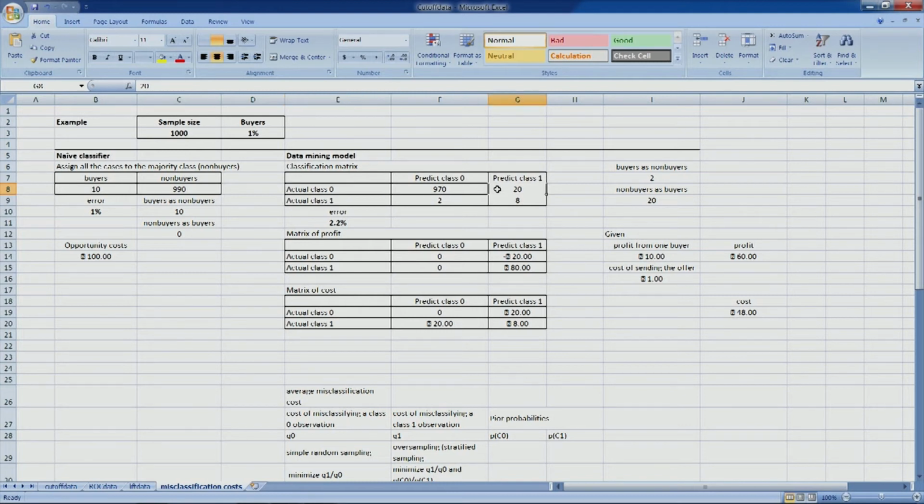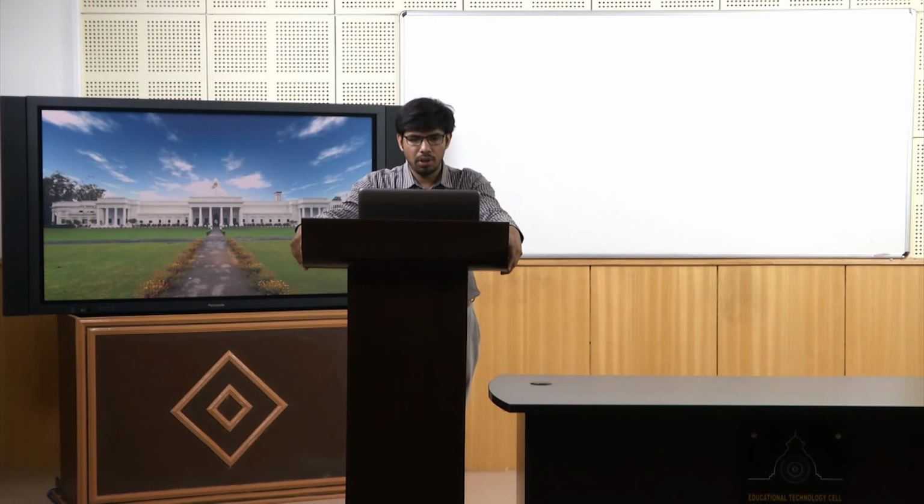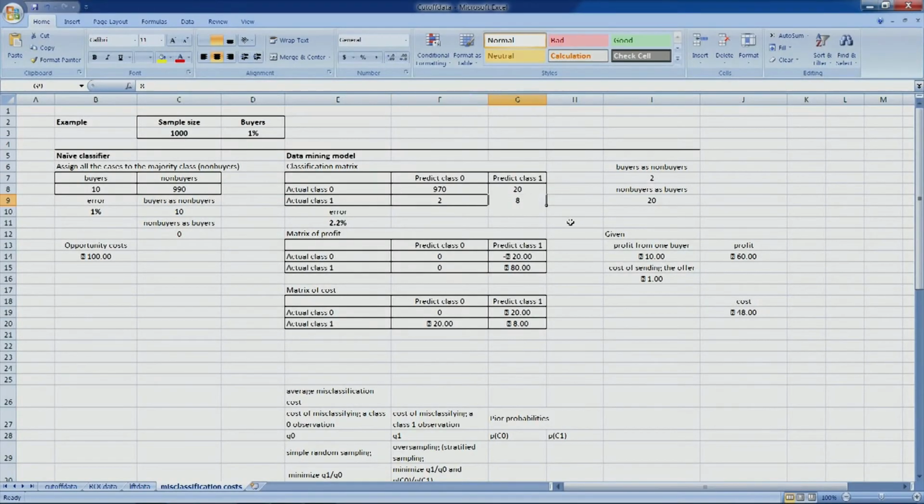So 20 of class 0 members were misclassified as class 1. 2 class 1 members were misclassified as class 0, and 8 class 1 members were correctly classified as class 1 members. So in terms of misclassification, 2 buyers have been misclassified as non-buyers, and 20 non-buyers have been misclassified as buyers. That gives us an error of 2.2%.